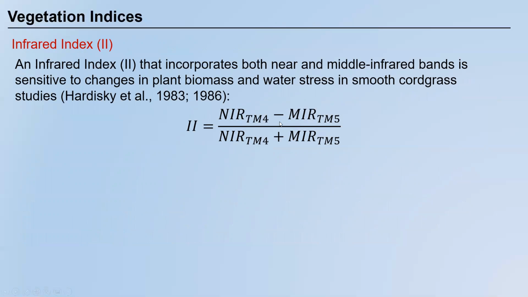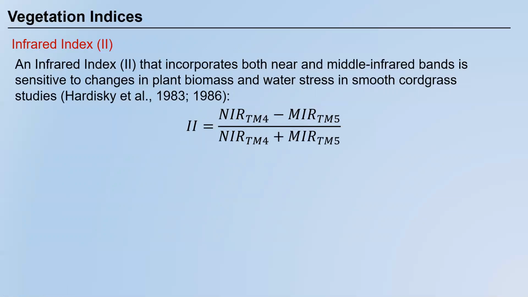Then the numerator should be large because it's the difference between NIR and MIR. And if MIR is very low, there is enough water, then the numerator should be large, then II should be large, right?